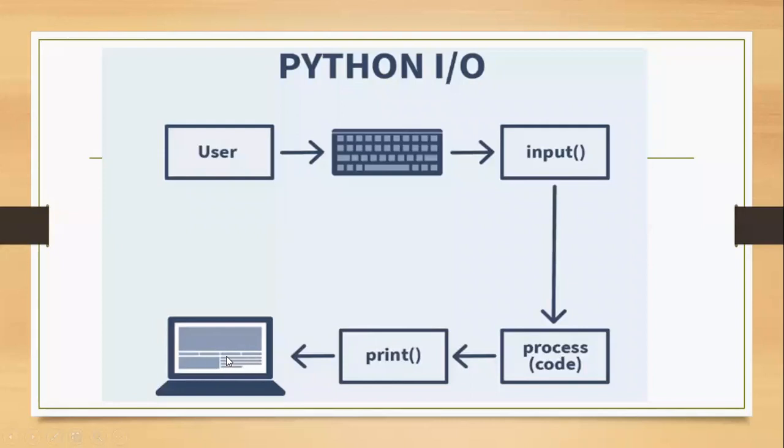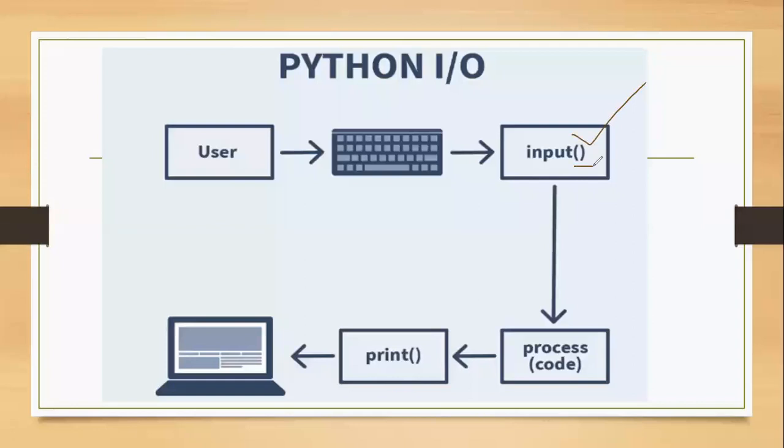It can be a monitor, a printer, a projector, any form of output device. But basically it moves in that order: you are the user, with the help of an input device you input, it is processed, and then you print. So what you need to mark here is that in Python, we use the input function.